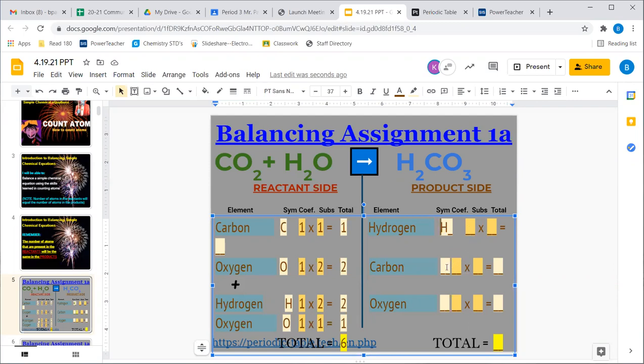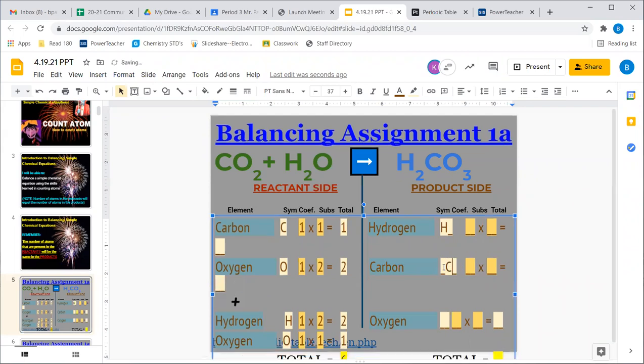And my carbon? Capital C. And how about my oxygen? Capital O. Excellent.